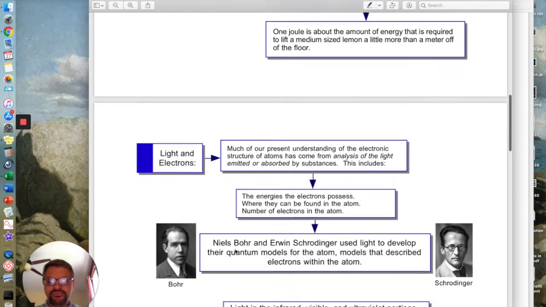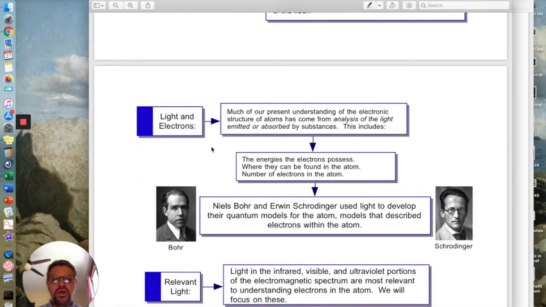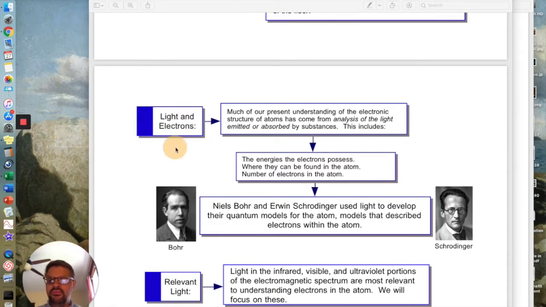Some other things. In this section, there's a connection between light and electrons. Our understanding of how electrons are set up in the atom comes from analyzing light given off by an atom. And that's what you really need to know here.